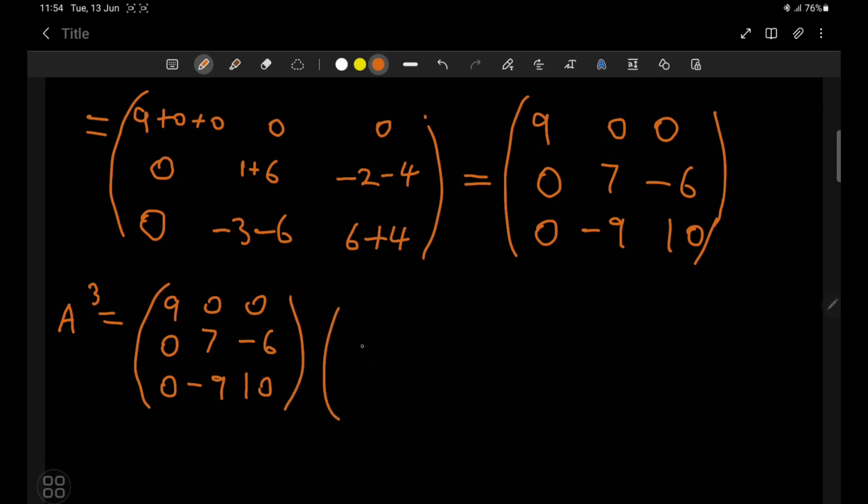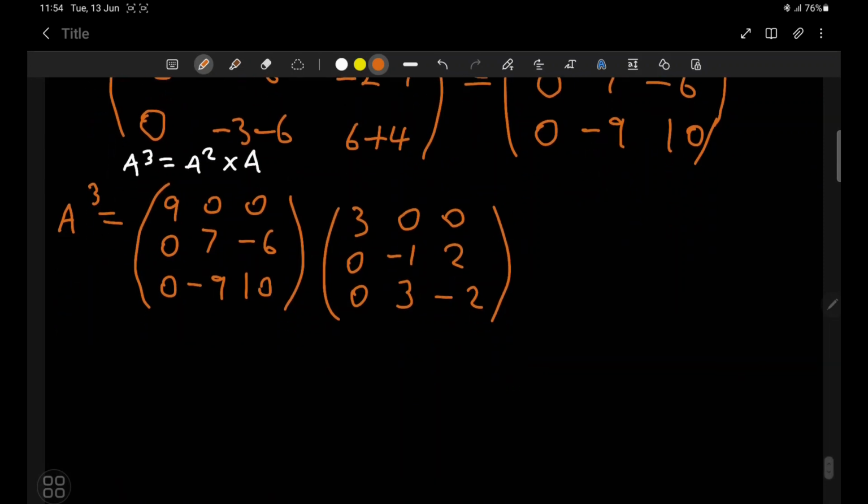So we're multiplying it with our A. In short, the multiplication I'm doing this time is for A cubed, we're saying A squared multiplying with A. So that's what I'm doing here. Our A matrix was 3, 0, 0, then 0, negative 1, 3, and 0, 2, negative 2.